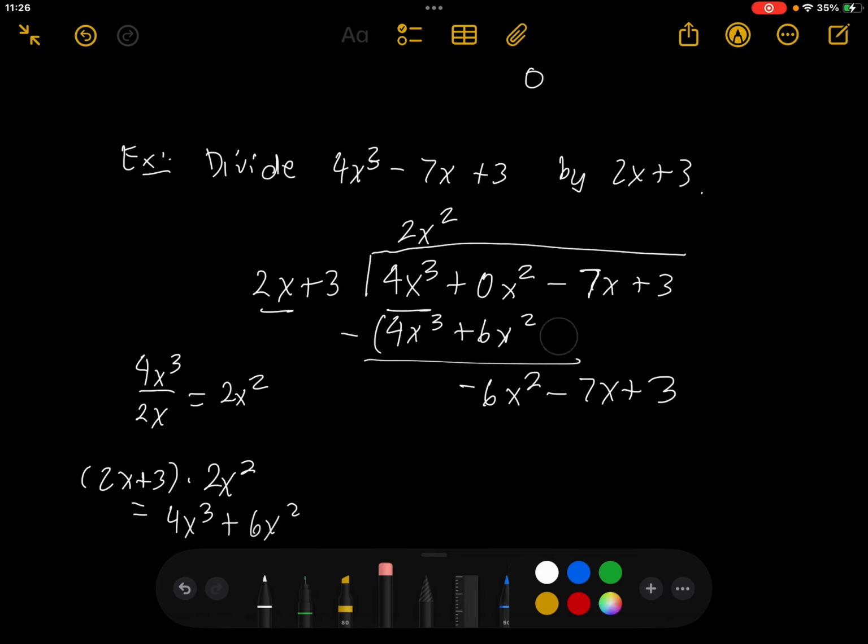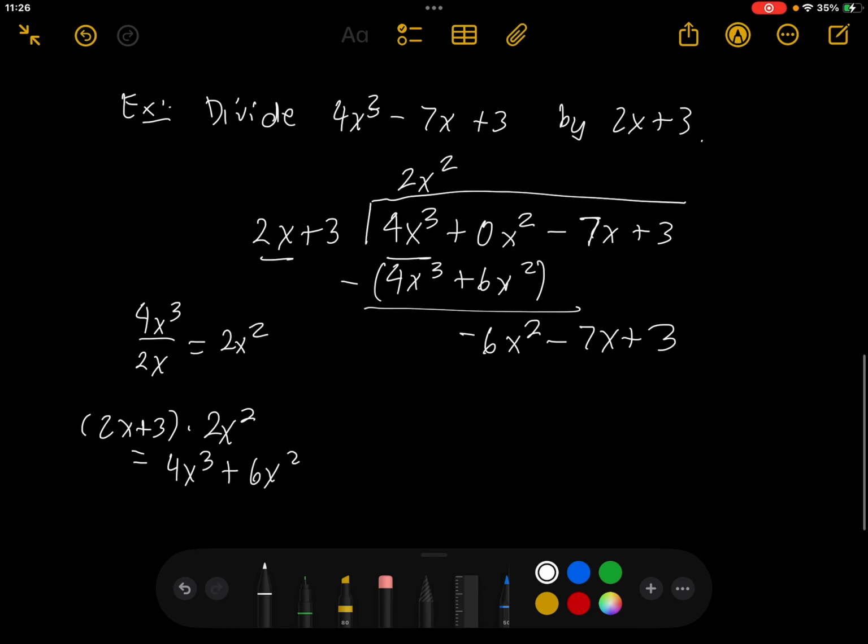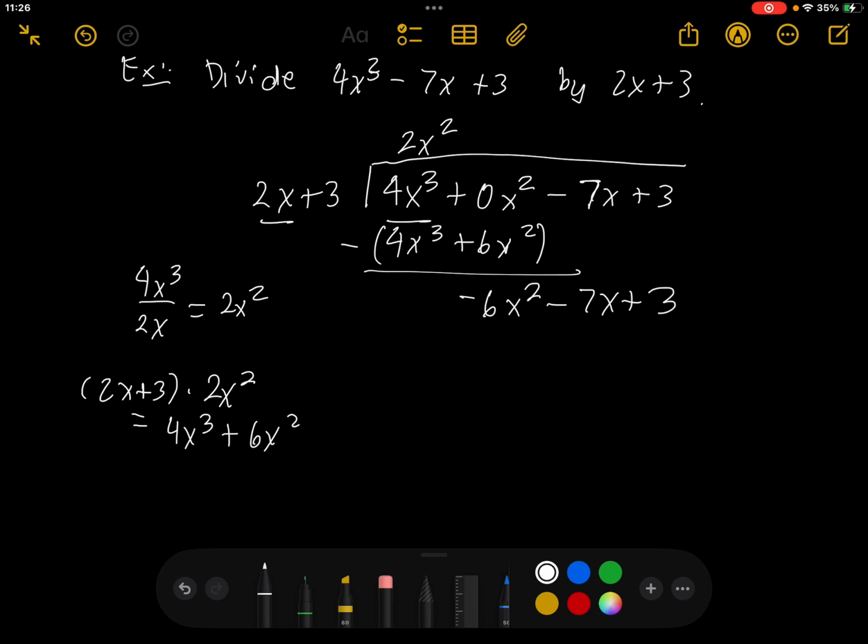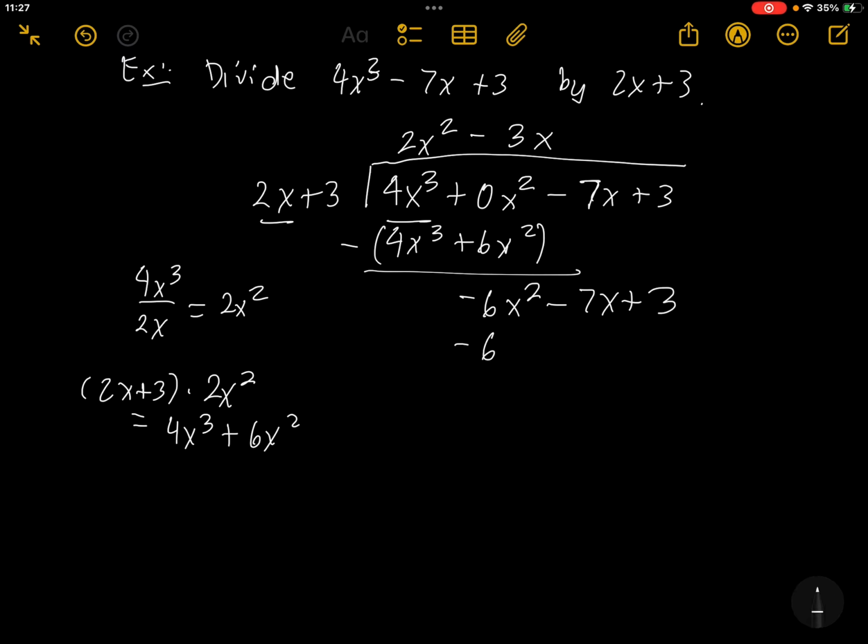And now we repeat the process. We take negative 6x squared and divide it by 2x, and that gives us negative 3x. Then you multiply that by the divisor. So 2x plus 3 times negative 3x gives us negative 6x squared minus 9x.